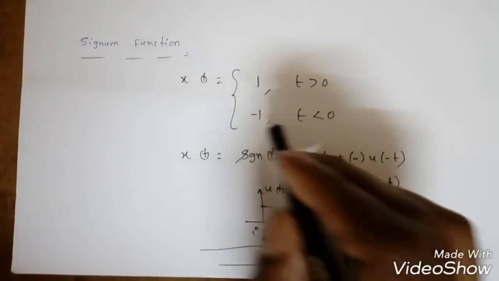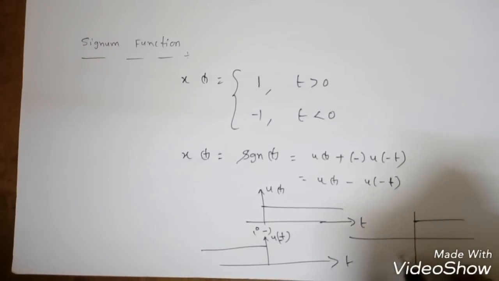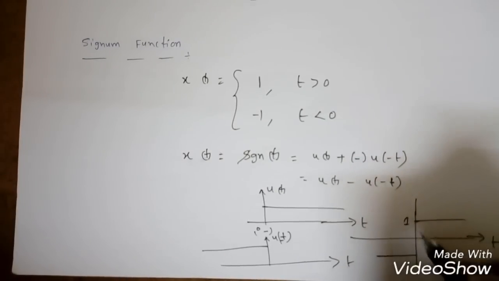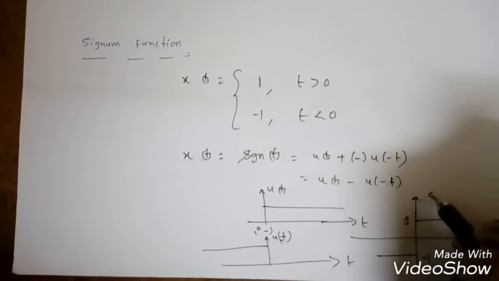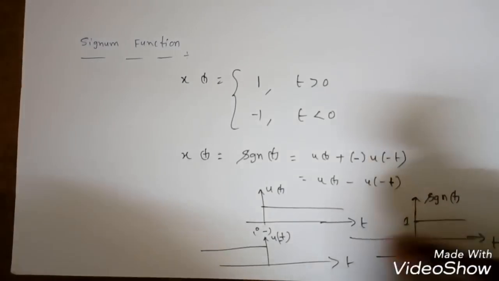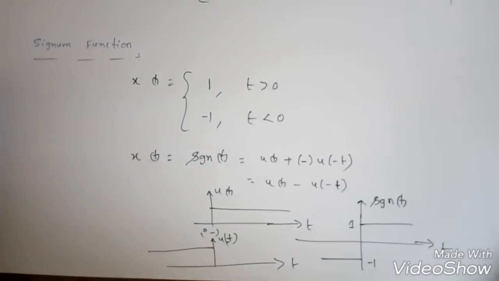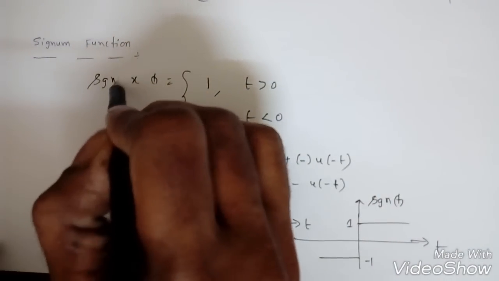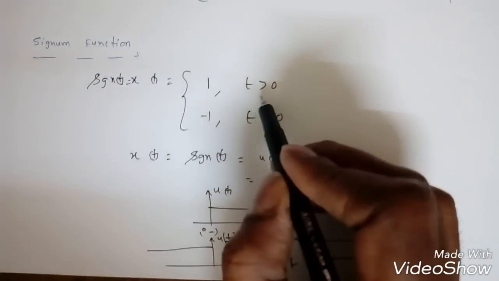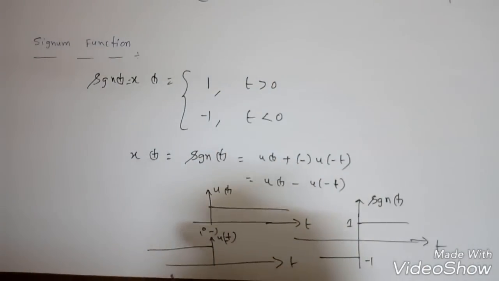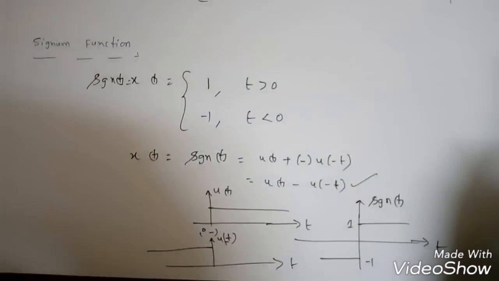Then only we get this: 1 and minus 1. This is the signum of t. Signum function, sgn of t, is equal to 1 when t is greater than 0, and minus 1 when t is less than 0. It can be represented like this.